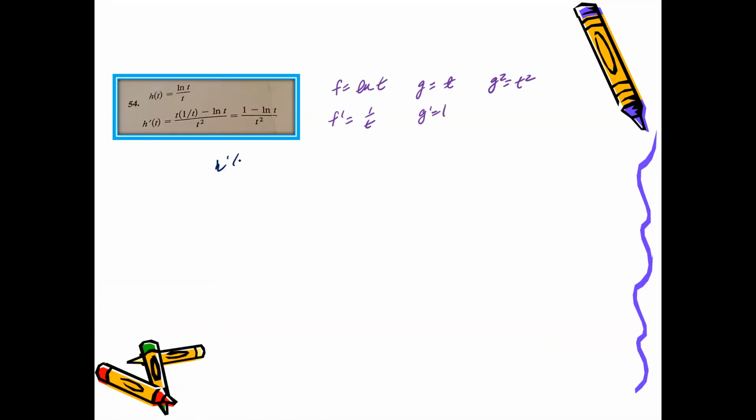All right, so h prime of t is equal to f prime times g minus f times g prime over g squared. First I have f prime times g. So that's 1 over t times t, and that is going to give me just 1.